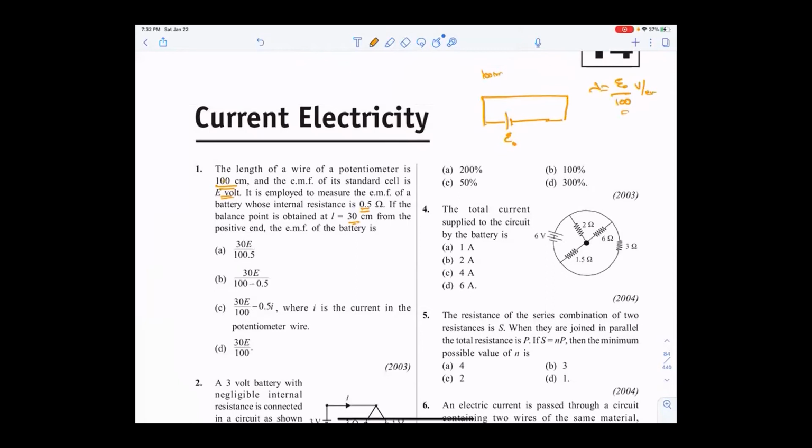Now what we are doing, we are taking another battery of EMF E and internal resistance smaller, and trying to find out the balancing length.